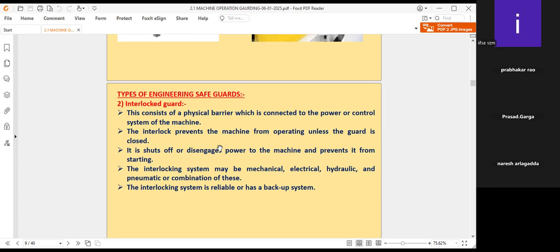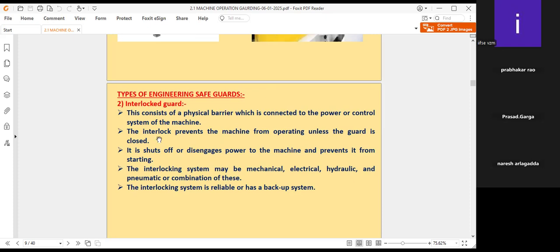The interlock prevents not only the physical barrier, but also the people who are working nearby cannot be exposed to any risk. The second one is the interlock prevents the machine from operating unless the guard is closed.